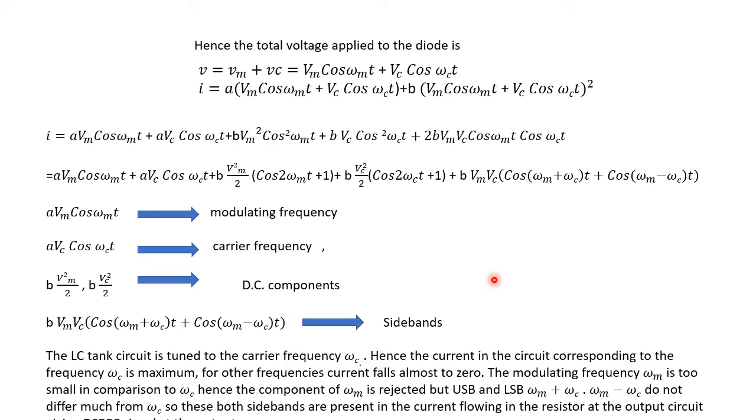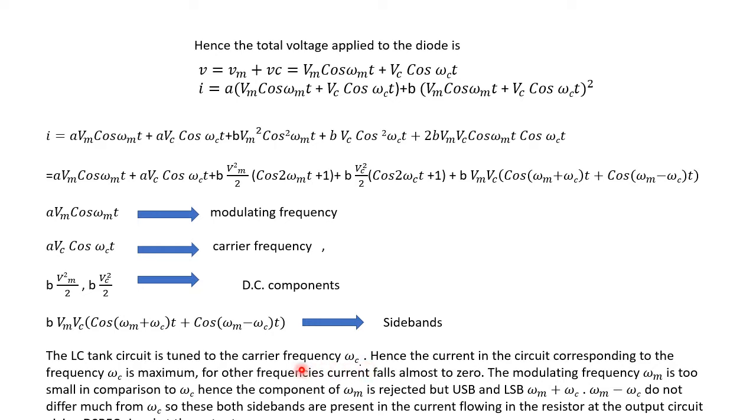Now in the circuit which is shown in the previous slide, we have used an LC circuit or the tank circuit at the output, and the resonant frequency of that tank circuit is fixed at the carrier frequency omega c.